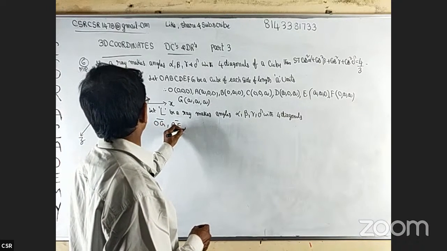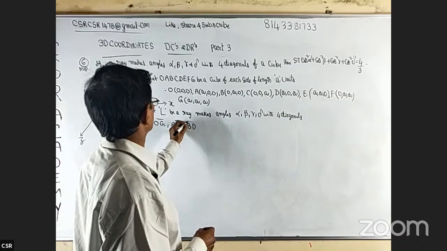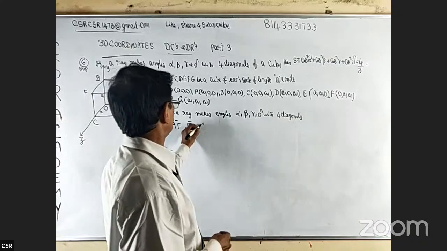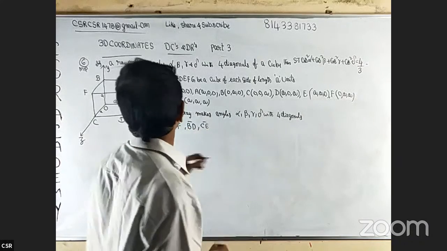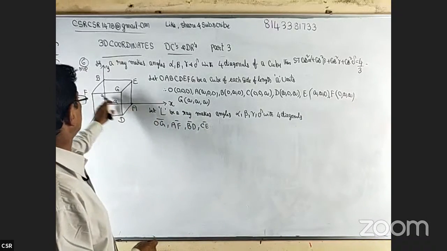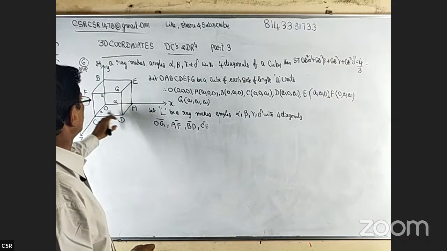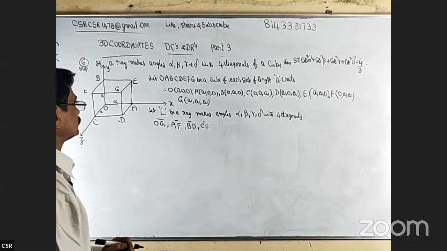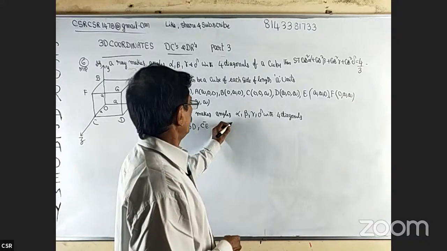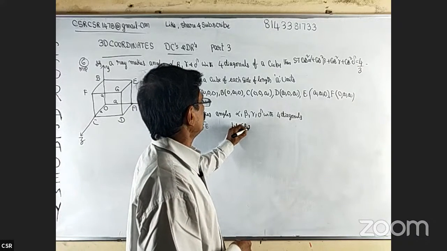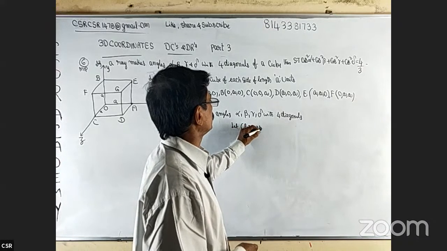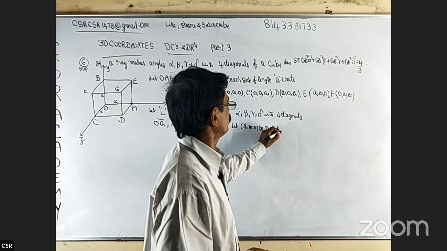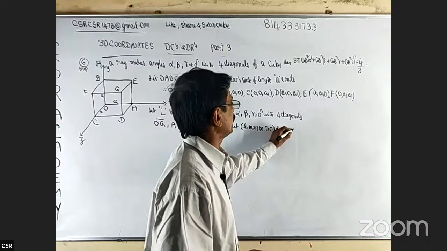OG, AF, BD, CE. These are the 4 diagonals. Let l, m, n be the direction cosines of the ray. Ray means line L.